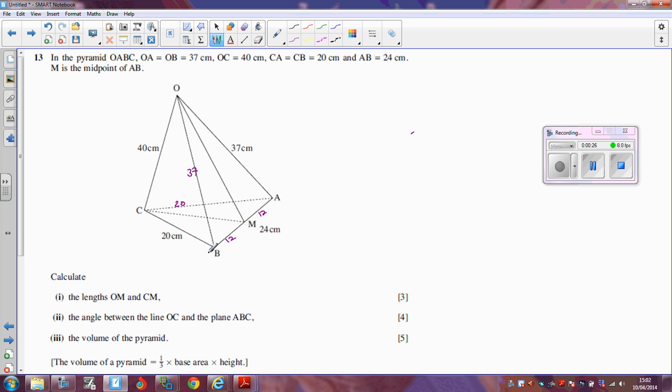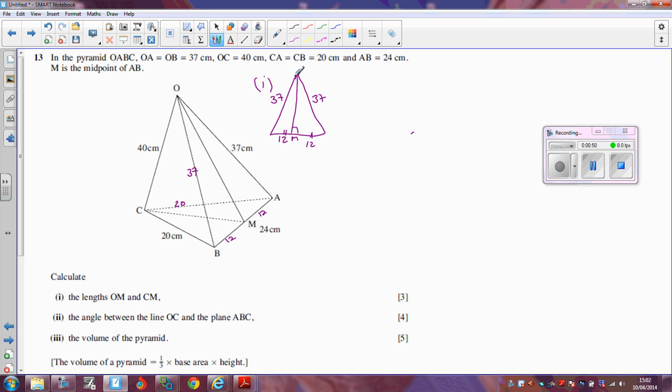And the first thing that it asks me to do is work out the length of OM. And I usually find it's easier here to redraw the triangles from the front, because it usually makes it a bit easier. So I can see that that's 37, that's 37. If I want to find OM, what is important here is that that's a right angle, and this distance is divided in two, so that that's 12 and that's 12.